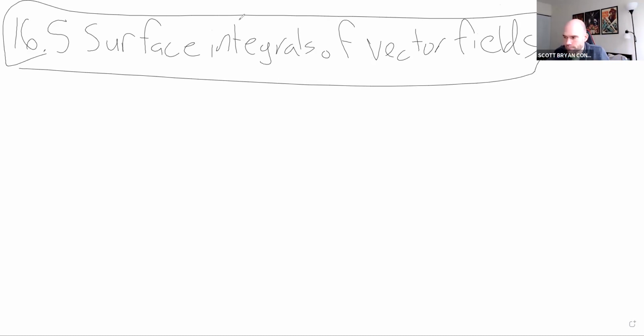So we saw last time that if F is a vector field, we can think of it like a force field, or also like a velocity field of a fluid.